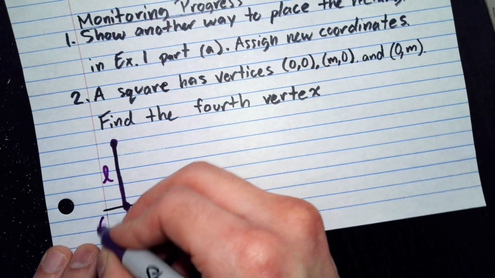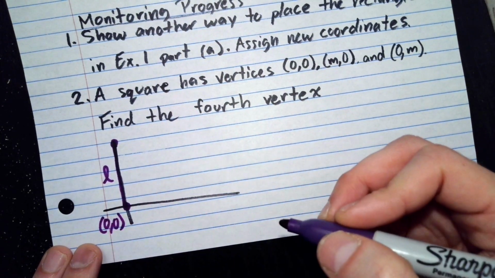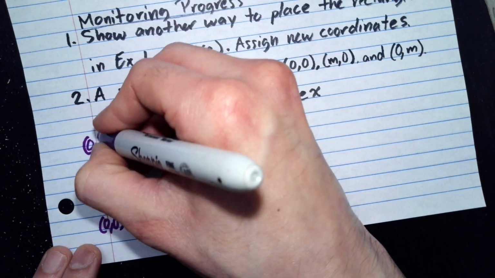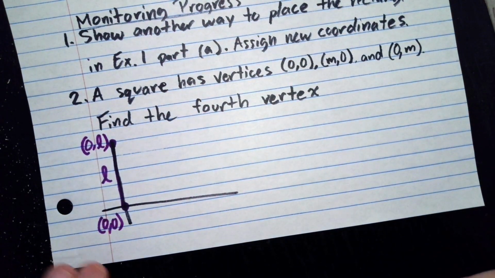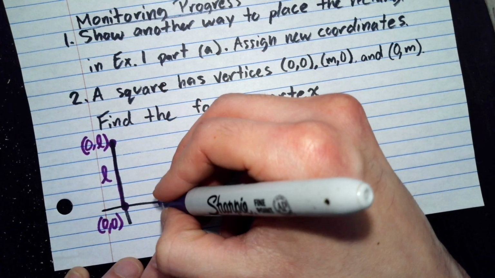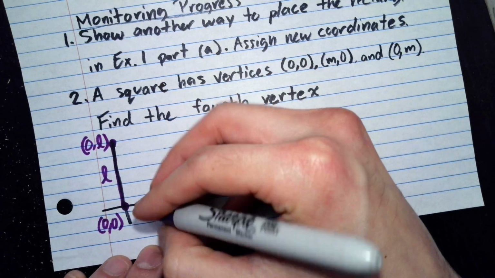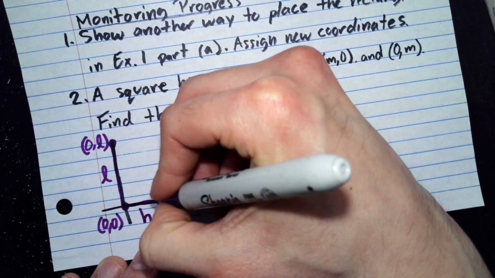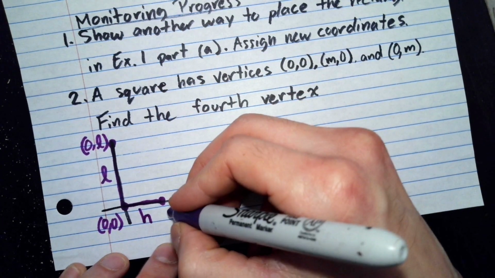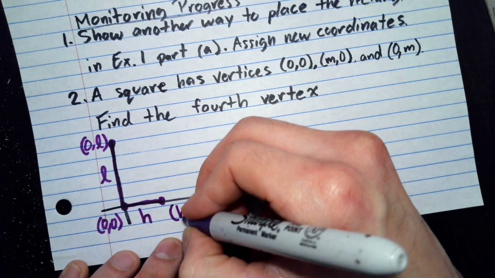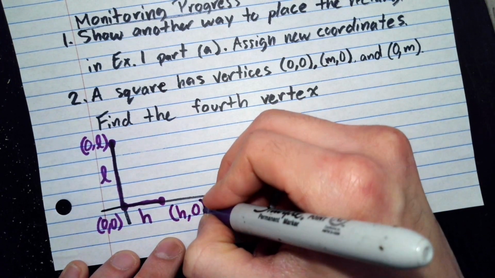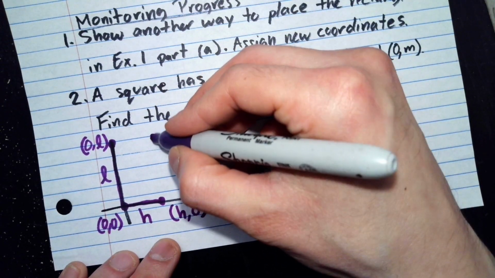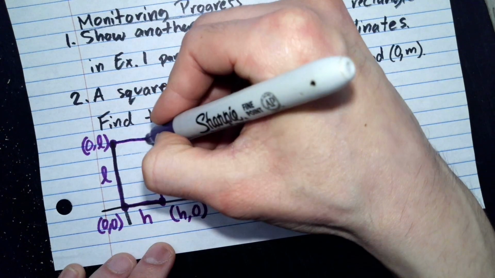That tells me that the origin is 0, 0, and that this point up here has to be 0, L. Then if I want the width, or H, to be the small side down here, then we can call this second point H, 0. And then all we need now is this fourth point. So we're going to connect all of my points.